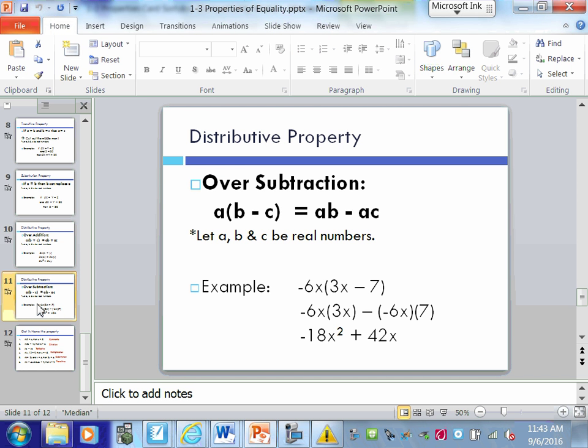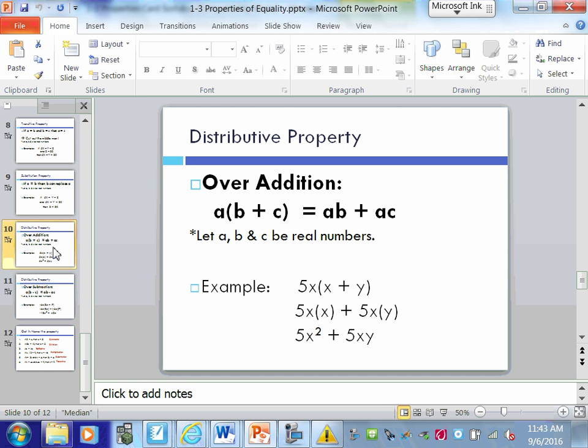Not sure of the examples for distributive property over addition. Let me know when you're ready for that.